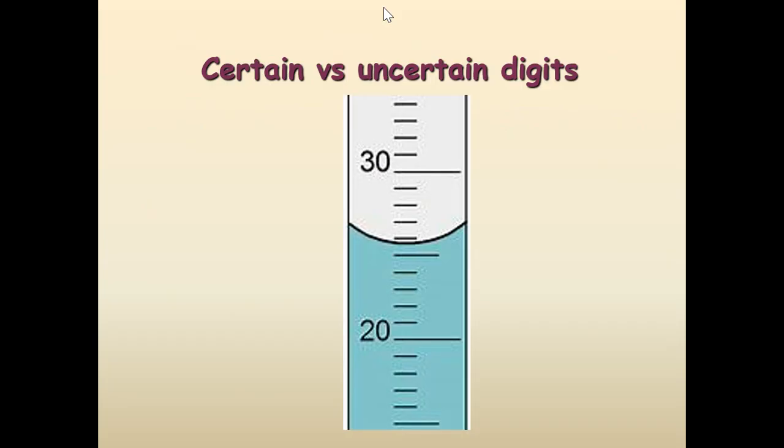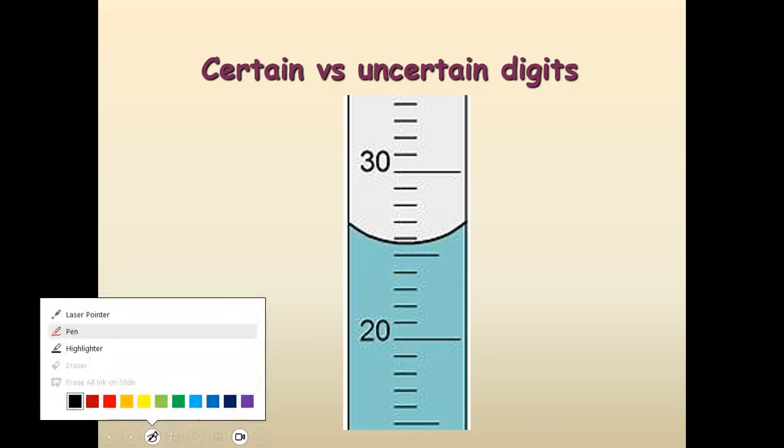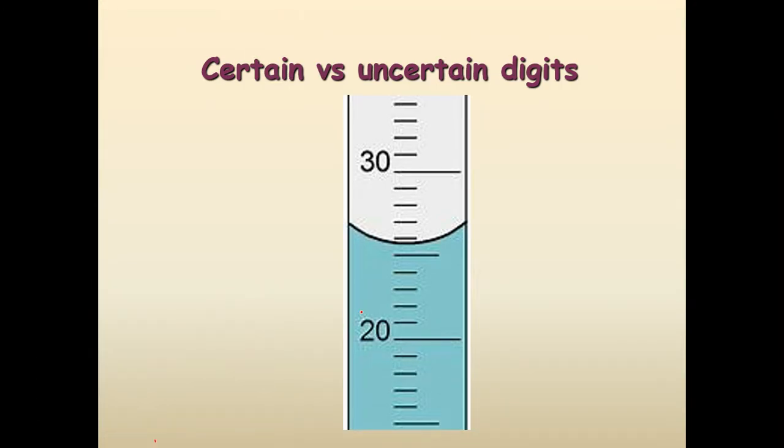So here I have a graduated cylinder, and the graduated cylinder has some water in it, and I can tell, so I can use my cursor, I can tell that this graduated cylinder has somewhere between 25 and 26 mils. Because there's my 25 mark, there's my 26 mark.